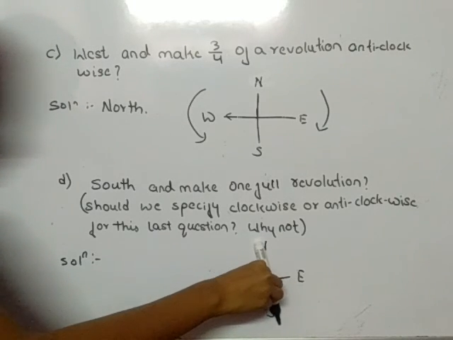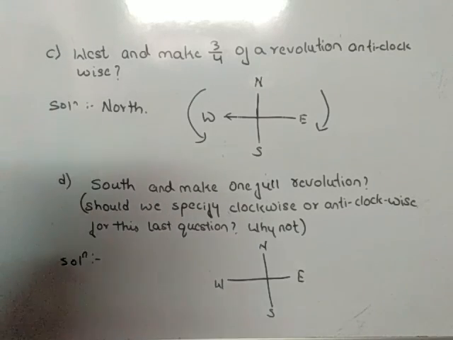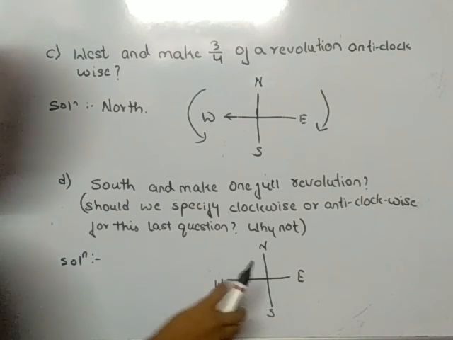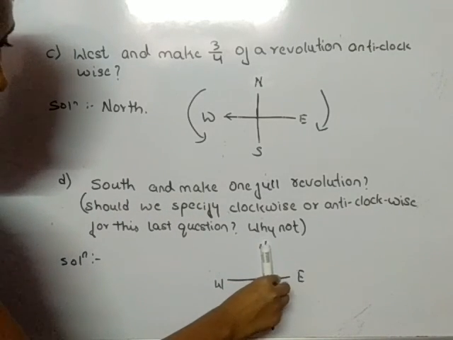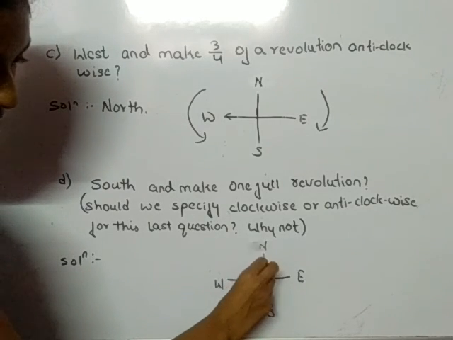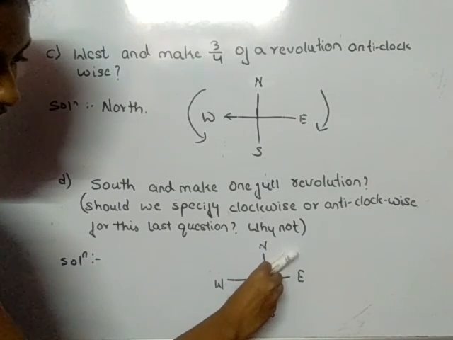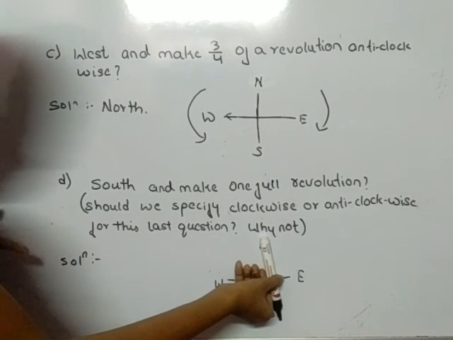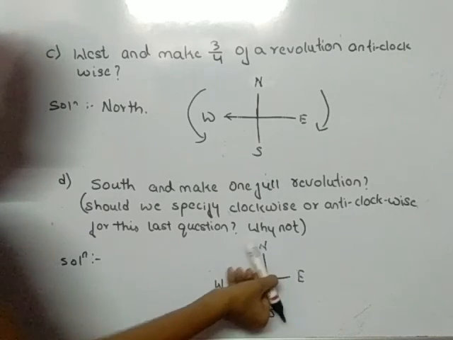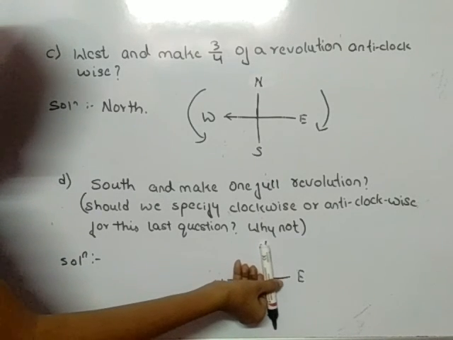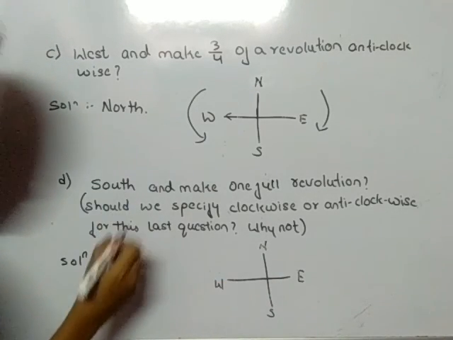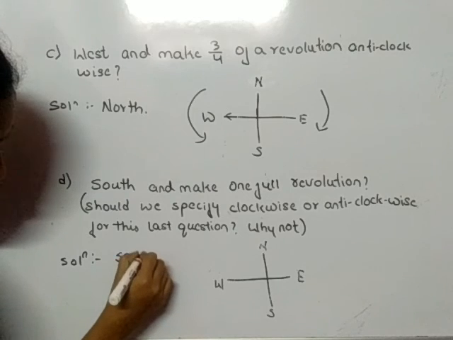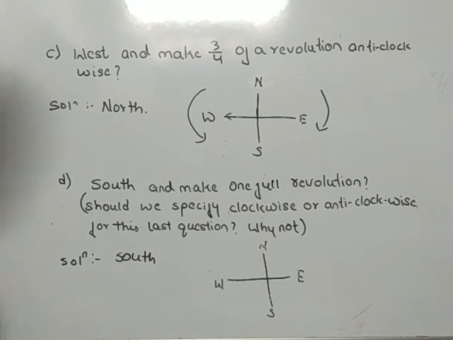It doesn't matter whether I turn in a clockwise or an anti-clockwise direction; either way, I come back to the same position, that is the south, after one full revolution, isn't it? So the answer for this is south, and it is immaterial.